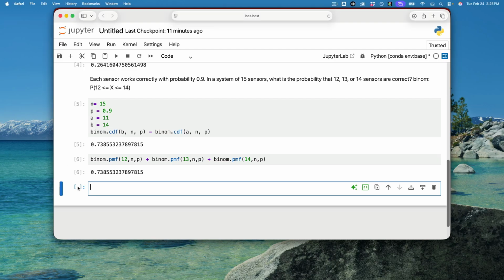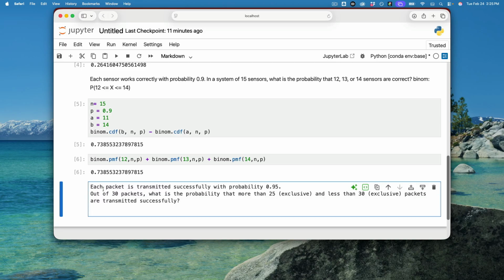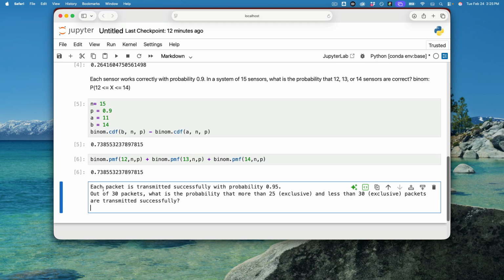Let's do one more, and then we'll skip a few on the other probabilities because I want to do an open interval example. Each packet is transmitted successfully with a probability of 0.95 out of 30 packets. So this is like internet data. Out of 30 packets, what's the probability that more than 25, so more than 25, not 25 and more than 25, I put in parentheses exclusive, and less than 30 instead of 30 or less?